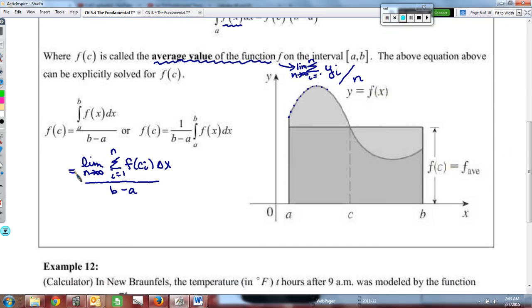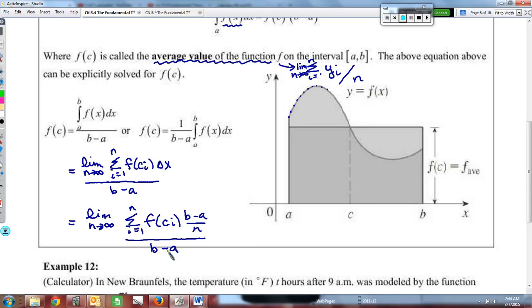Well, if you look at what we have right here, think about this delta x. Remember that our formula for finding delta x is b minus a over n. And then remember that we were dividing this by b minus a. Now, I have it over the limit over the whole thing, but you can bring it in because it's like a constant. So I can have it outside the limit or I can put it in the limit.